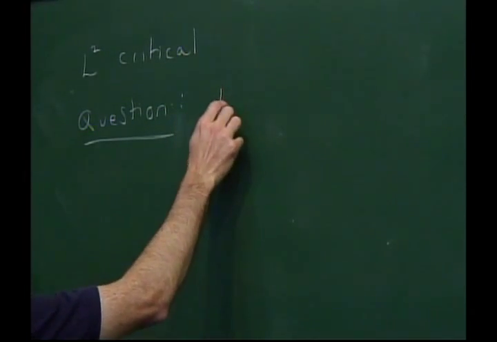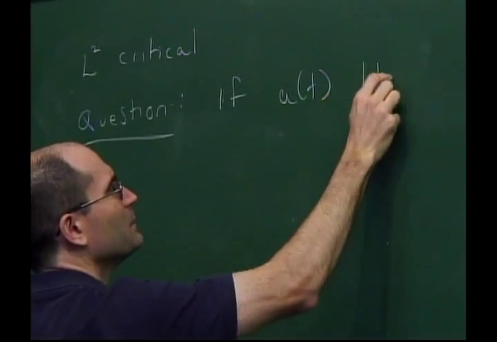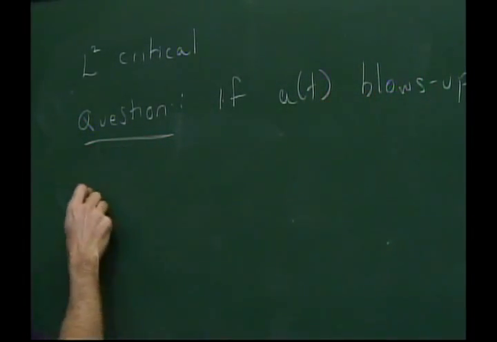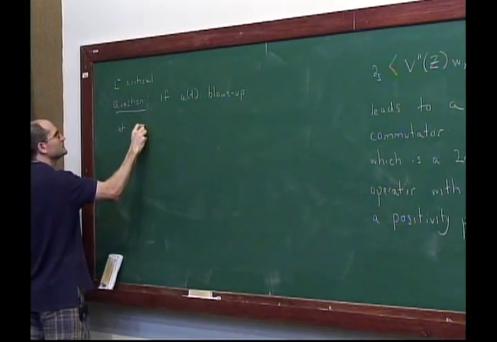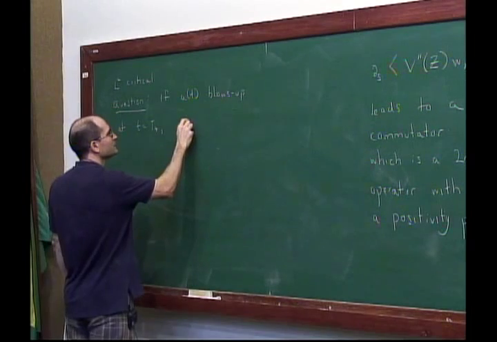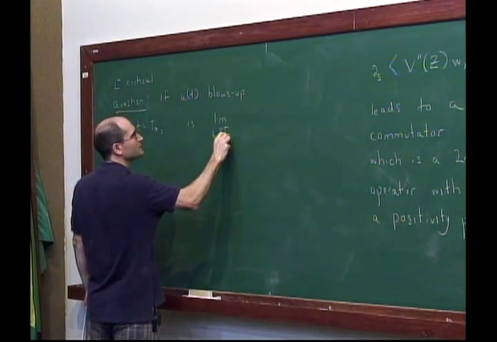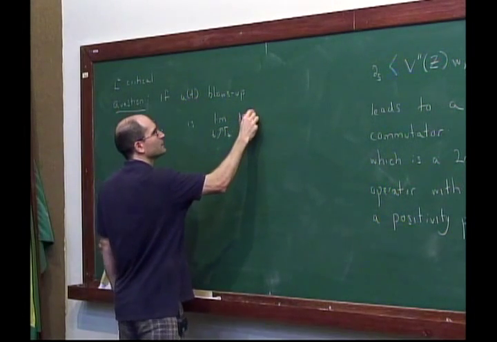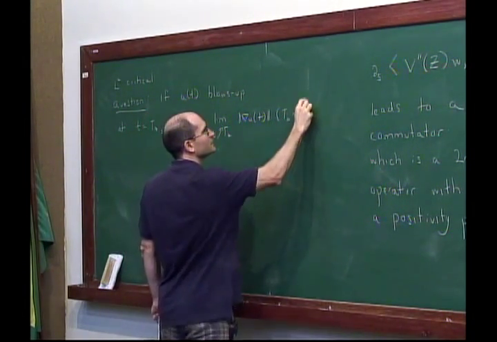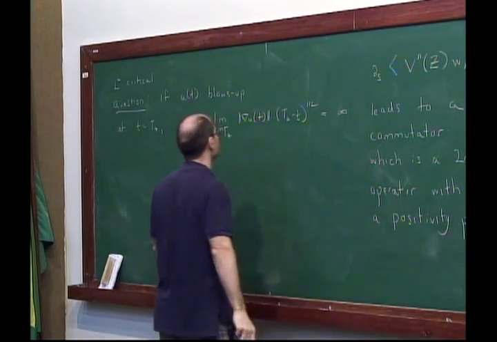But if u of t blows up at t equals t star, is the limit as t approaches t star of the gradient of u of t, times t star minus t to the 1/2, equal to infinity?